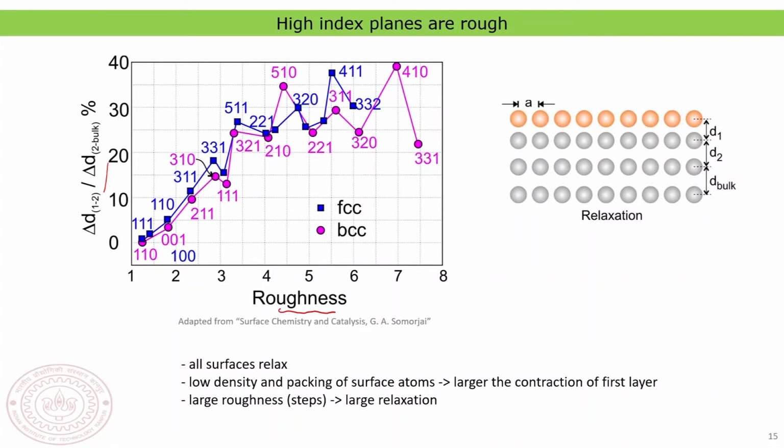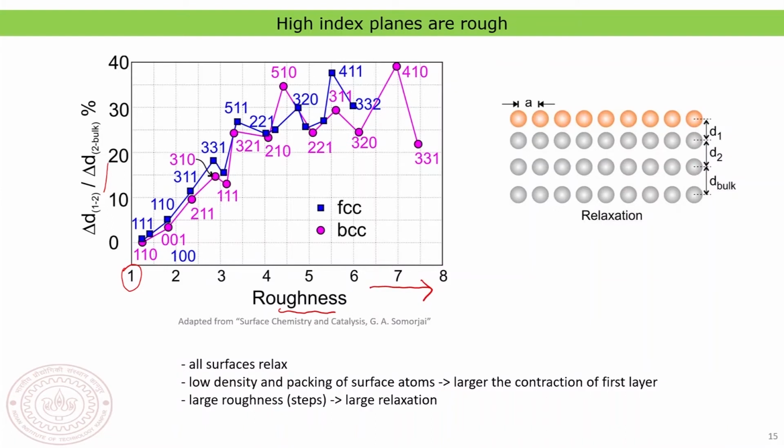Now, the roughness 1 represents the FCC 111 surface, as we have already seen in the previous lectures, that the FCC 111 surface is the lowest rough surface, and therefore we are taking it as the lowest roughness surface whose roughness is 1, and then as the index increases, the roughness also increases along the scale.